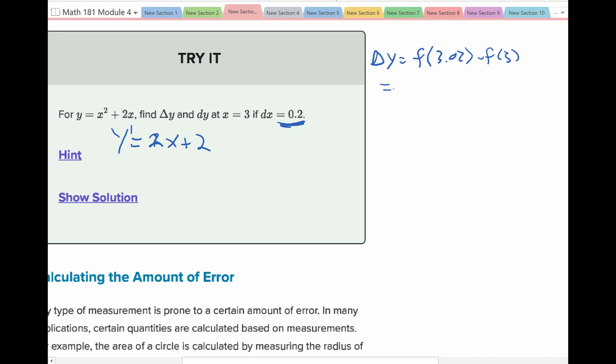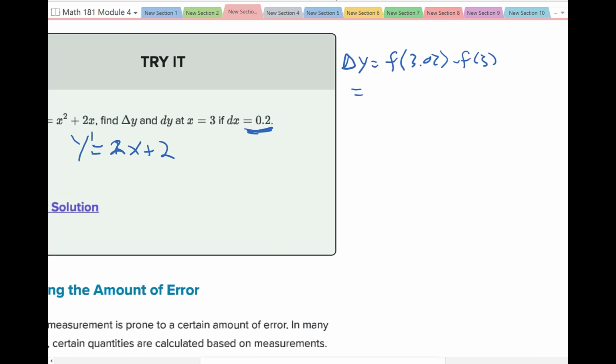So that's going to be 3.2 squared plus 2 times 3.2 minus 3 squared plus 2 times 3. So in this case, it comes out to be 1.64.